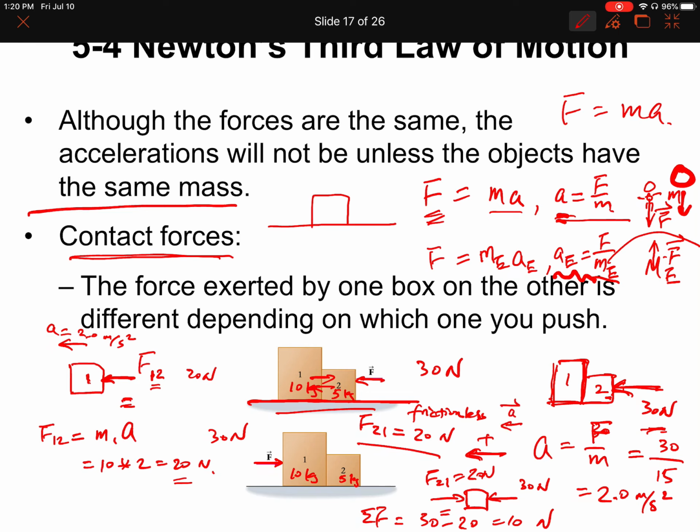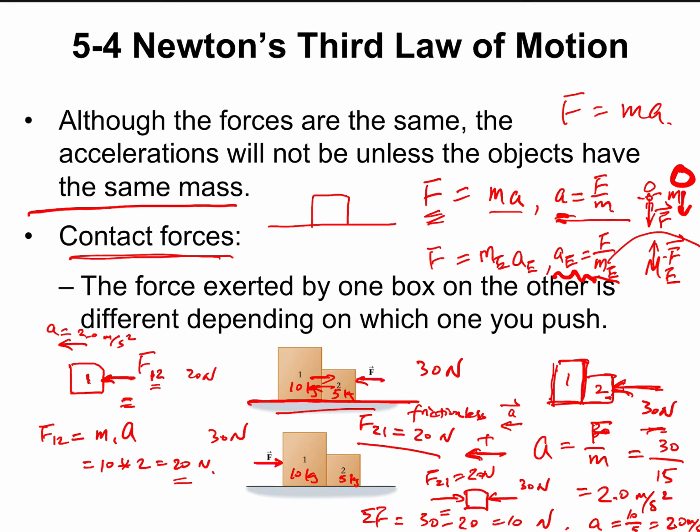And then what is A? A for object 2 equals net force 10 divided by mass 5, equal to 2.0 meter per second squared. So from this example, we can tell that the contact force between them is 20 Newton.